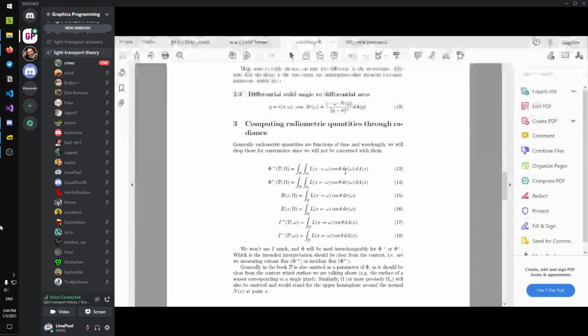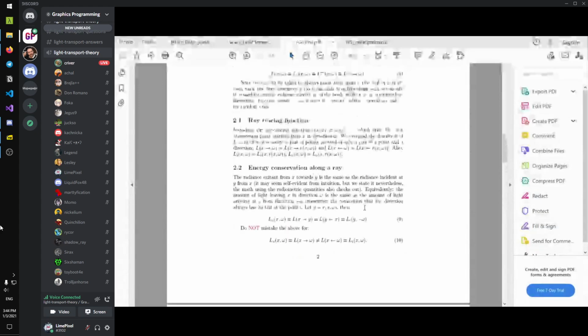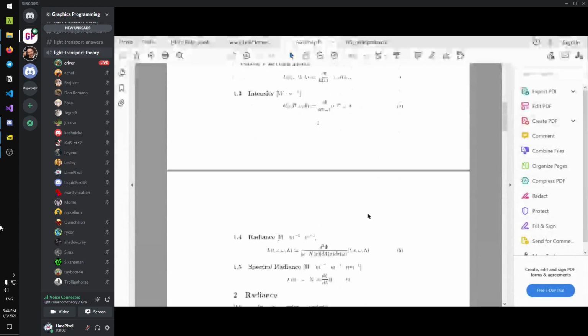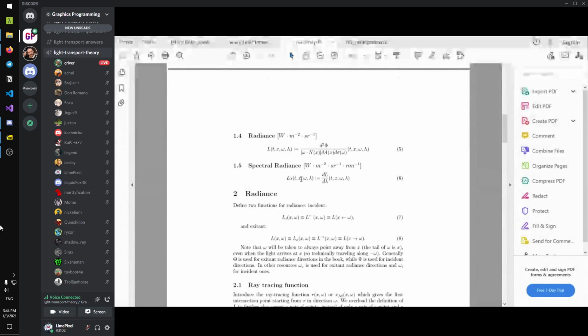Differential. You shouldn't currently try to interpret this, but it depends what the differential is over. If you have spectral radiance, where is the differential radiance over d lambda, right?